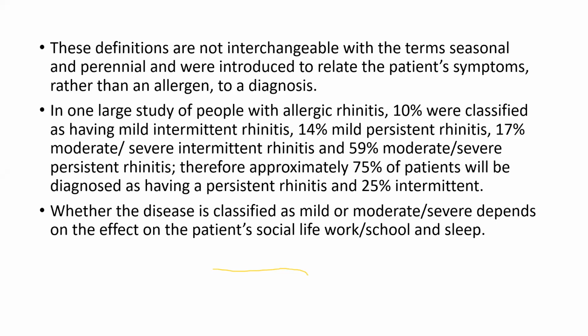In one large study of people with allergic rhinitis, 10% were classified as having mild intermittent rhinitis, 14% mild persistent rhinitis, 17% moderate or severe intermittent rhinitis, and 59% moderate or severe persistent rhinitis. Therefore, approximately 75% of patients will be diagnosed as having persistent rhinitis and 25% intermittent.